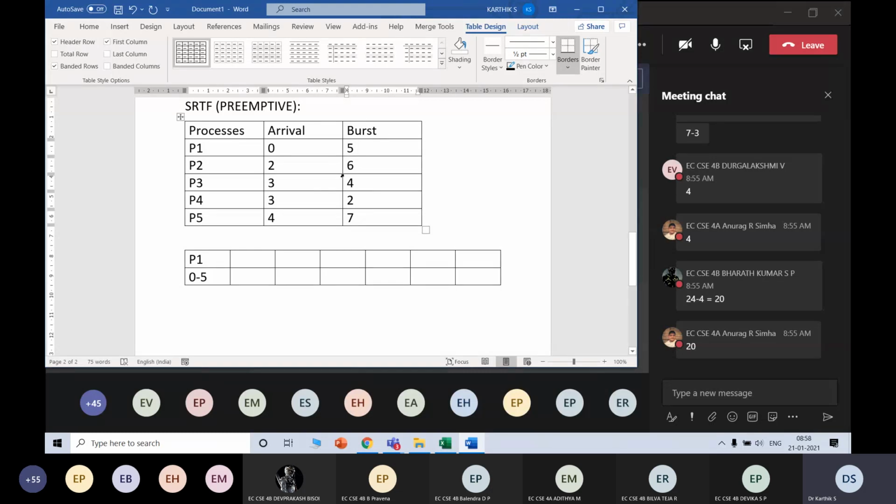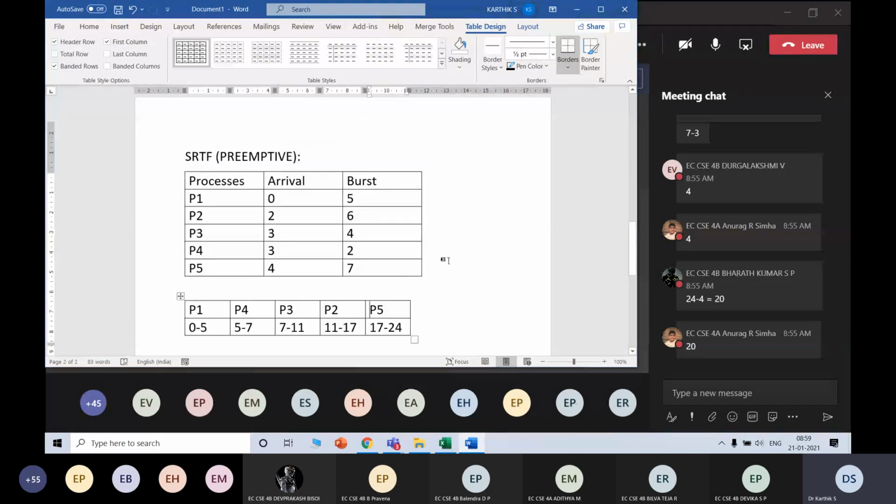Then this is already done, so of the remaining, 4 and 2, the minimum is 2, so P4 will get the processor between 5 to 7 milliseconds, then comes P3 between 7 to 11, then the minimum is P2 between 11 to 17, and lastly P5 between 17 to 24. So this is exactly the same as our non-preemptive one, right?